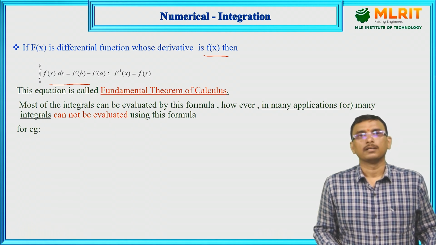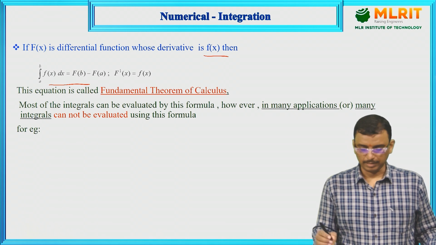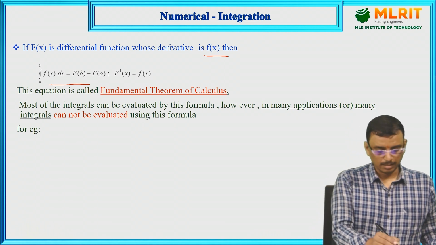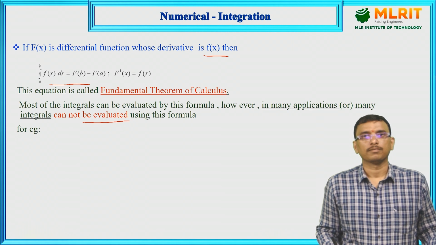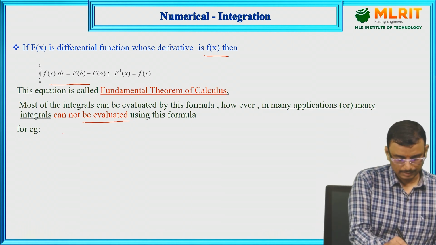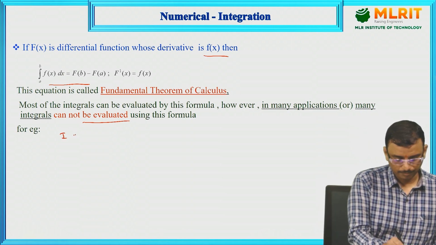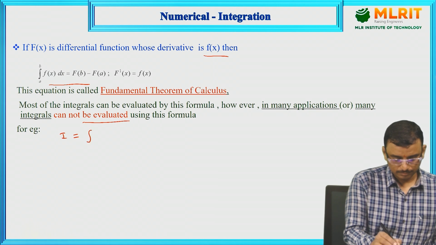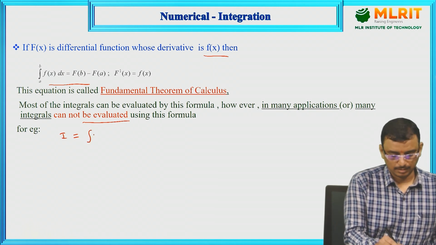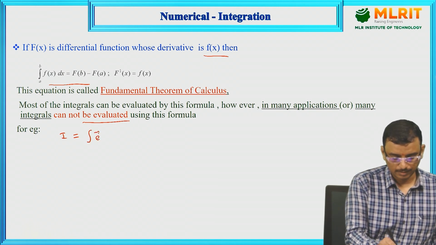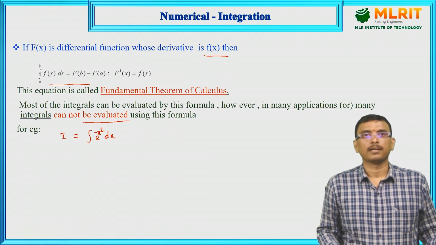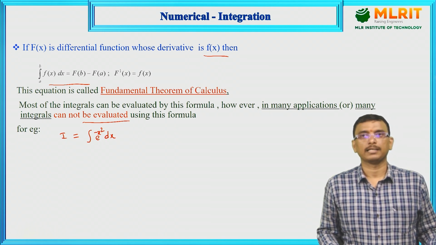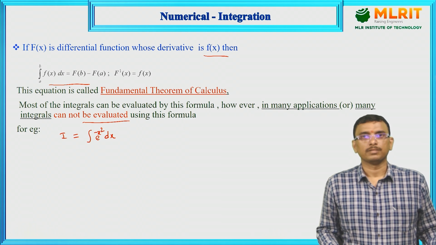However, many integrals cannot be evaluated using this formula. For example, if I take the integral I is equal to integral e power minus x square dx, this integral cannot be evaluated by analytical methods. So we use a numerical method to find the solution.